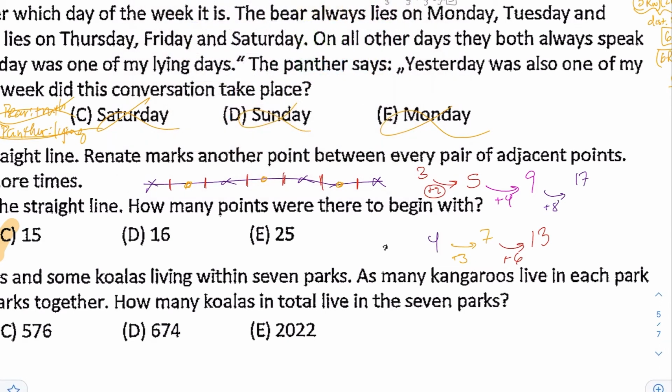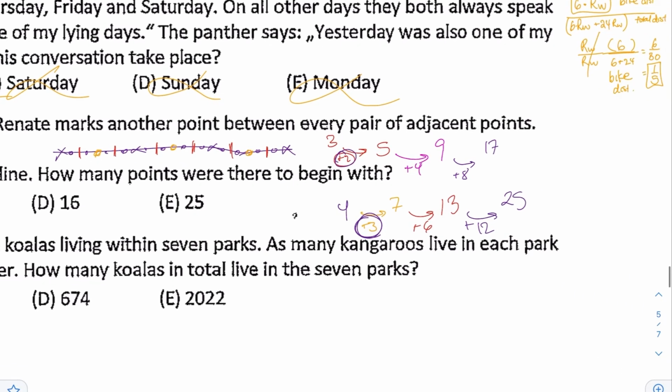And finally you'll be adding another 1, 2, 3, 4, 5, 6, 7, 8, 9, 10, 11, 12, and that will give you 25. So that's the pattern here. It's constantly doubling, but the first one is always 1 less than the starting point.